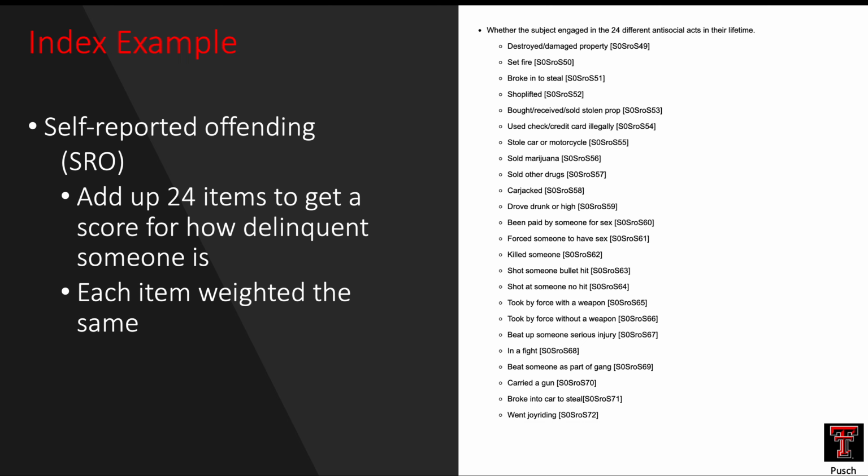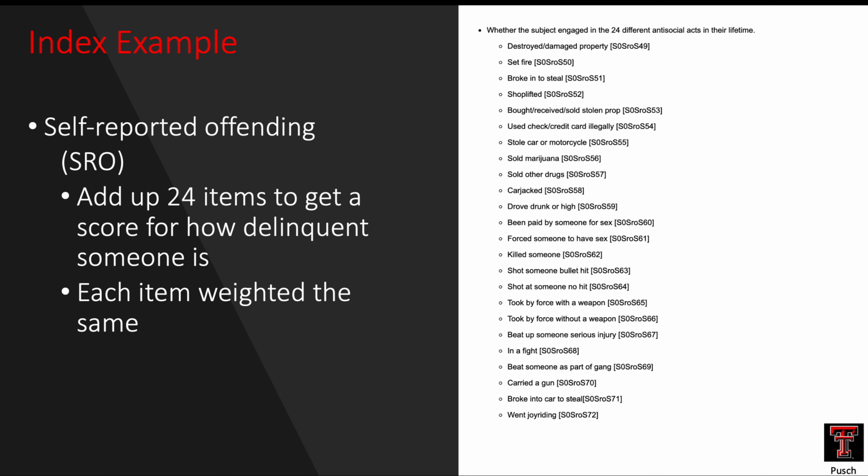Okay, so an index example. This is an index that I use all the time in my research, self-reported offending, SRO. Basically, this is just 24 different delinquent items and you just add it up to see how delinquent somebody is. This is used all the time in adolescent research when we're looking at delinquency.